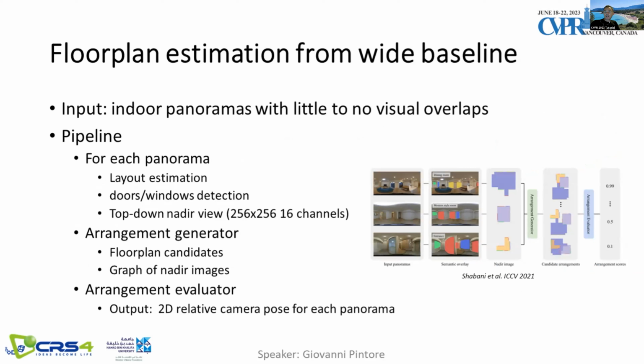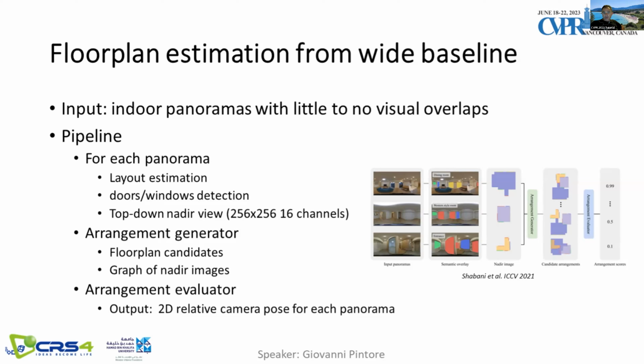So for each panorama in this work, they estimate a room layout and detect the door and window positions by using a standard neural network method. Afterwards they reproject the information into a nadir, that is a top-down view like for AtlantaNet, so they generate an arrangement candidate based on the doors' connections.